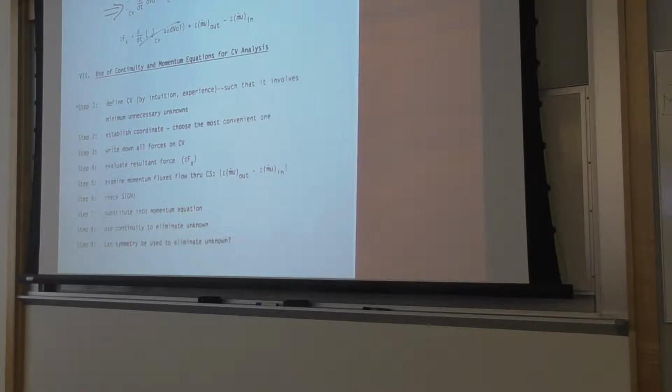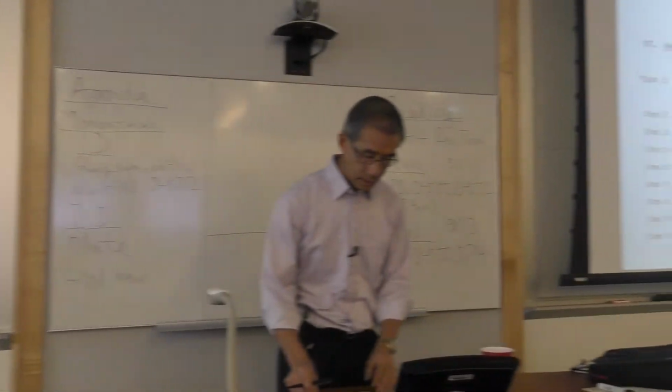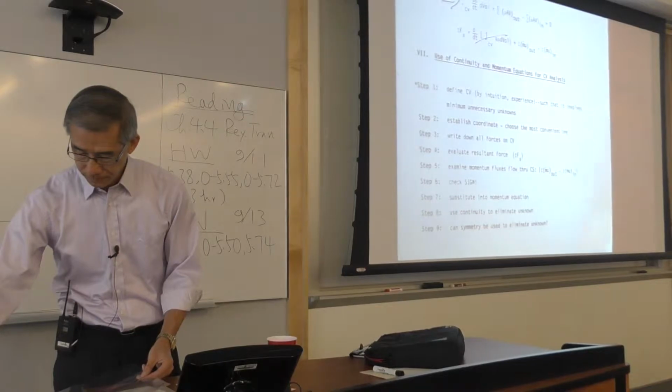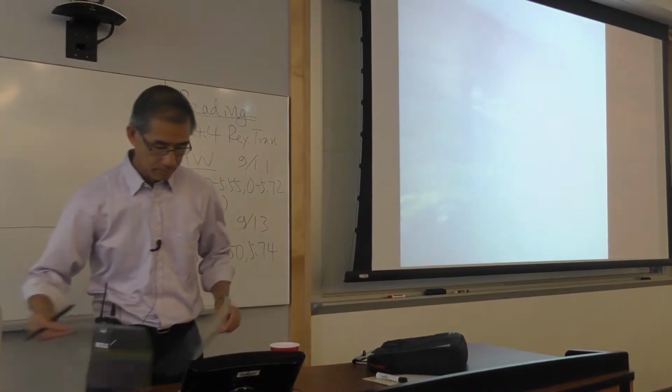Step 9, which is not always useful, but for the plate problem is intuitive. Sometimes can the symmetry be used to help solve the problem? And we have used that in some cases for the 1D momentum equation. So let me stop here and make sure you understand all these logical steps. One at a time. Everyone's good, right? This is nothing new. Nothing new, I think.